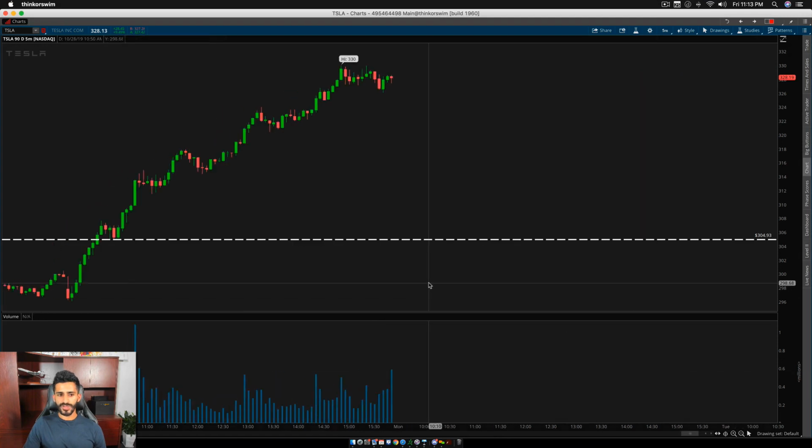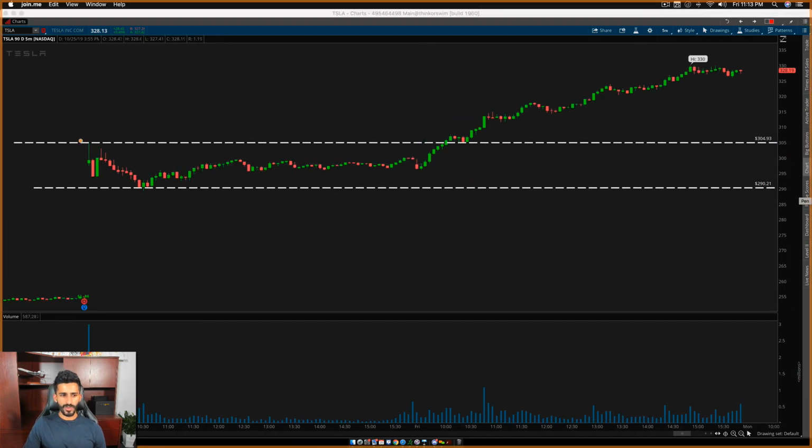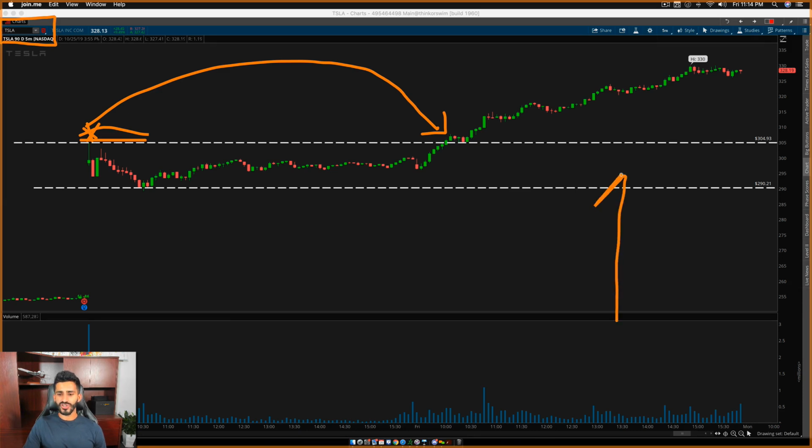And what happens throughout the day? The stock squeezes. This is called a short squeeze. Remember, a short squeeze is when people that are shorting are forced to exit their position because there aren't any shares available or the broker wants the shares back. Because of the magnitude Tesla is at, Tesla has a lot of shares shorted, a very high percentage of shorts. So if Tesla moves up, a lot of shorts are going to cover.